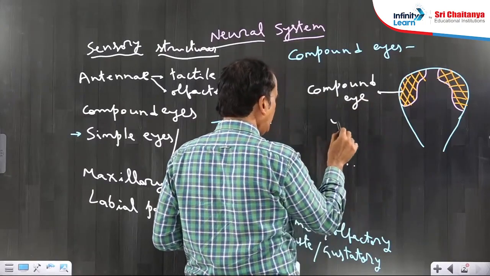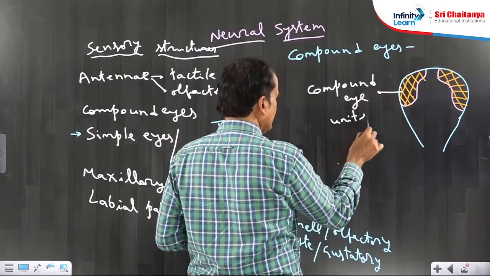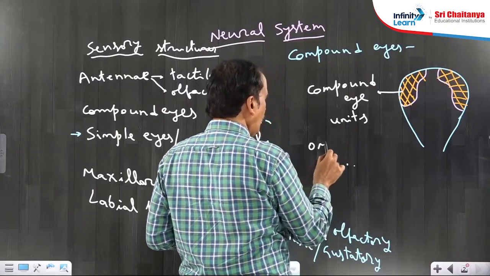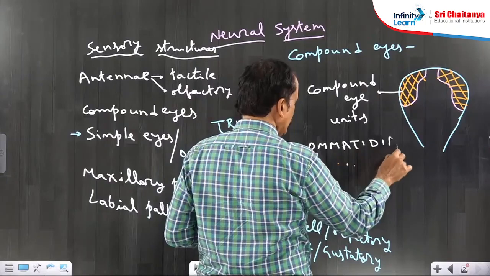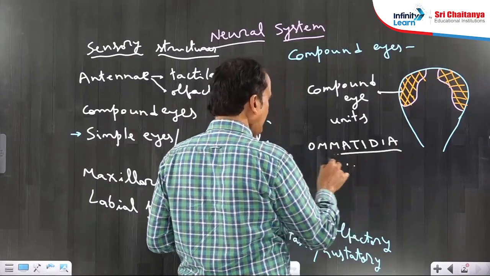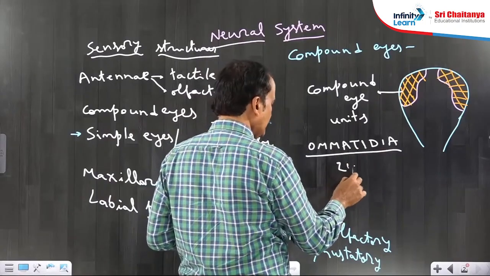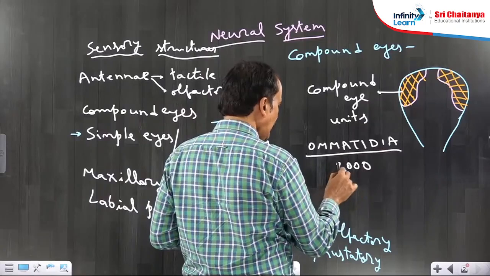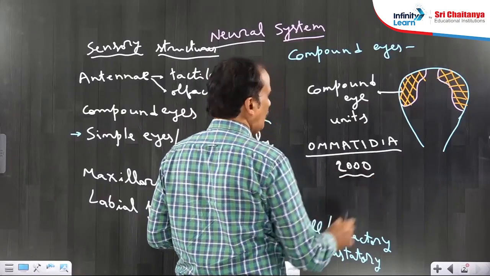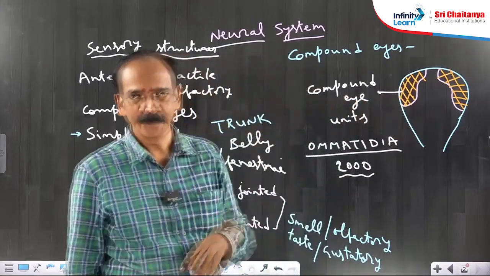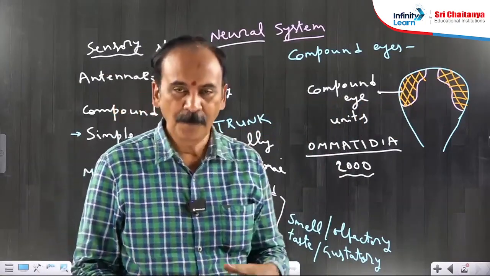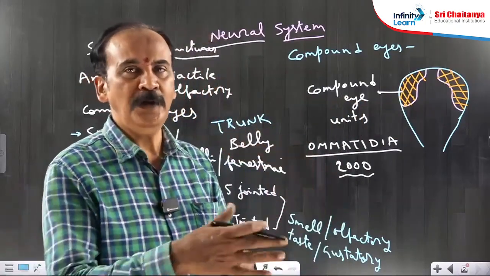It's made up of units called ommatidia. Ommatidium is singular, ommatidia is plural. So each compound eye has 2000 ommatidia. This is the number of small units. Okay, it becomes compound because it's made up of many small units.